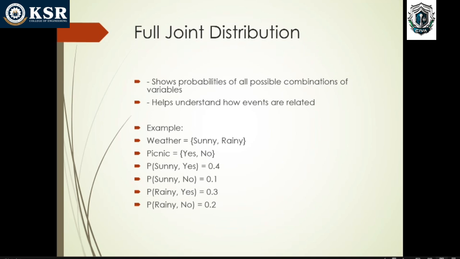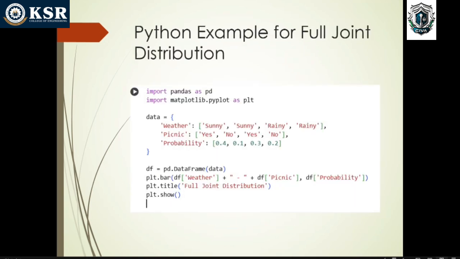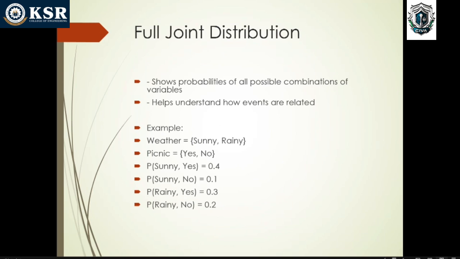For example, I consider the weather and picnic events. The weather holds sunny and rainy, and picnic holds yes or no. The probability that the weather is sunny and I go for a picnic is 0.4, and the probability that the weather is sunny and I do not go for a picnic is 0.1.